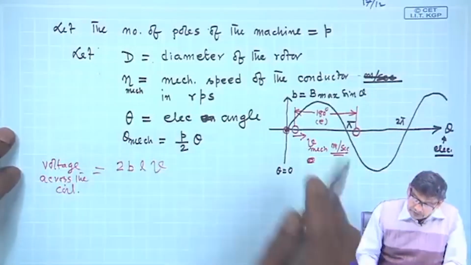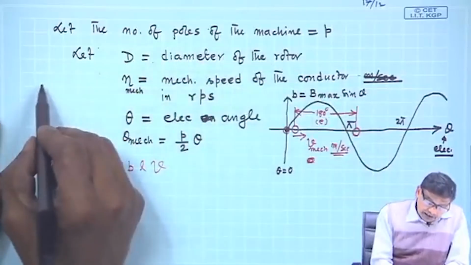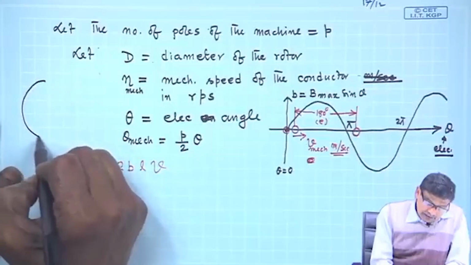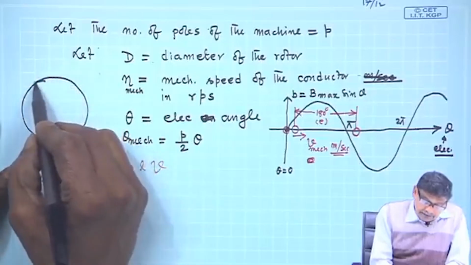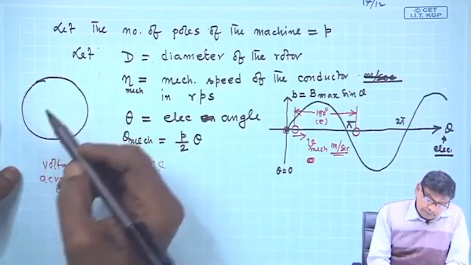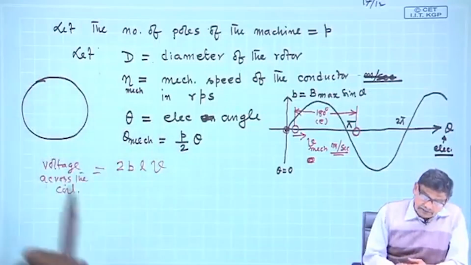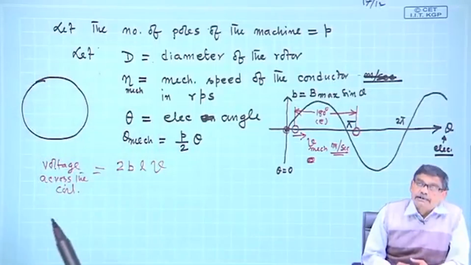So, I was trying to derive an expression of the induced voltage in a single coil, where the distance between the coil sides in terms of angle is 180 degree electrical.